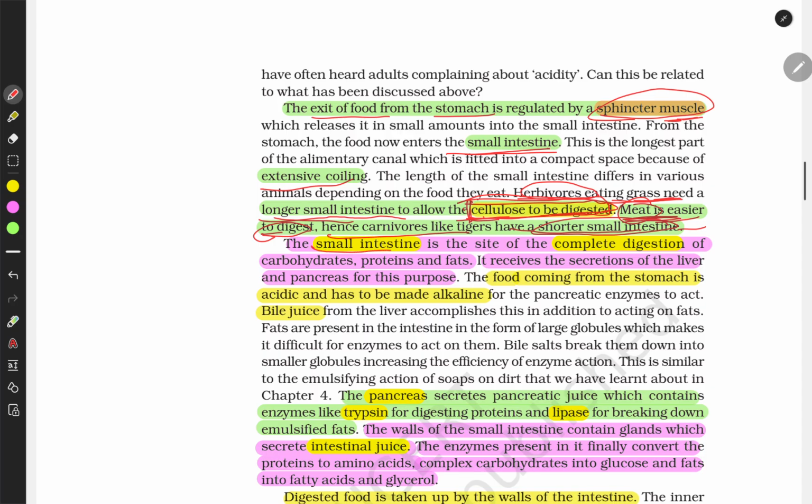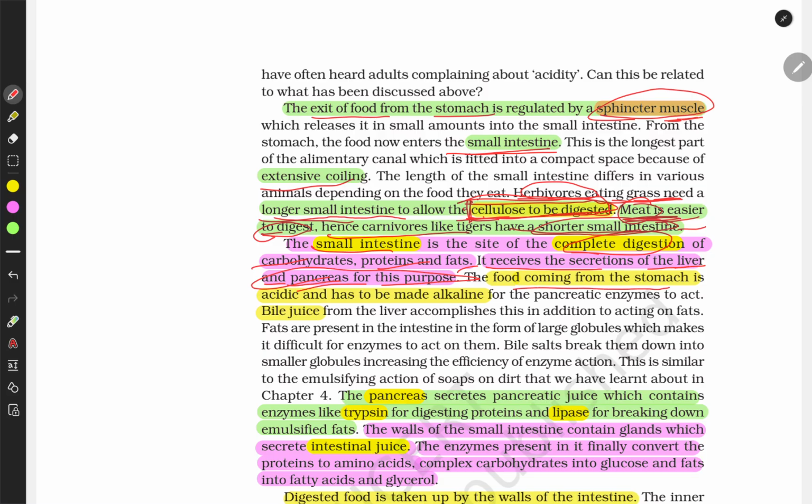The small intestine is also the site of the complete digestion of carbohydrate, protein, and fat. It receives the secretions of the liver and pancreas for this purpose. So it receives the enzymes from the pancreas and liver to make the food completely digested.